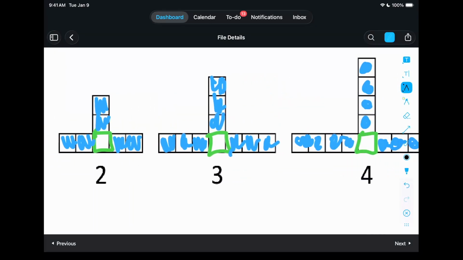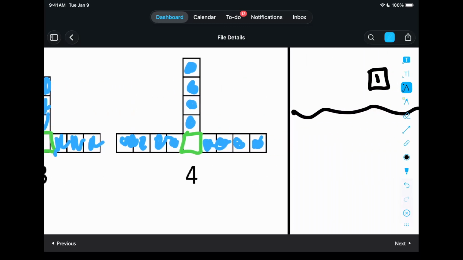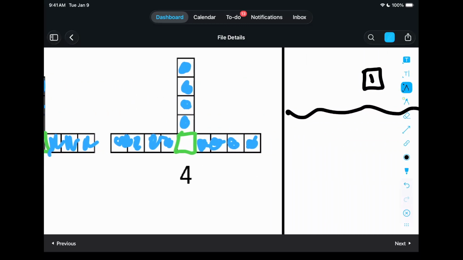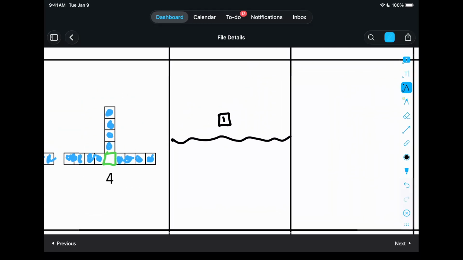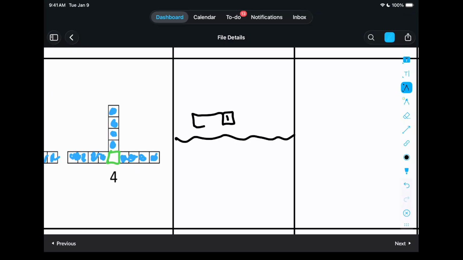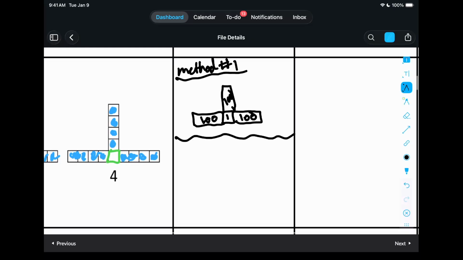Figure number 3, we have 3, 3, and 3 branching. Figure number 4, we have 4, 4, and 4 branching. So figure number 100, we're going to have 100, 100, and 100 branching. So that's one way.